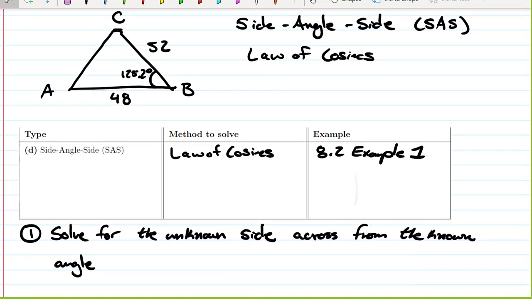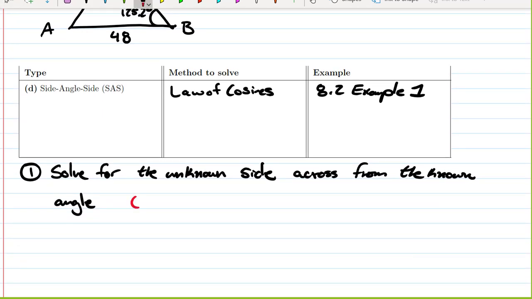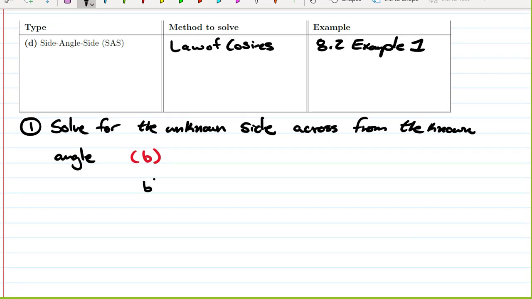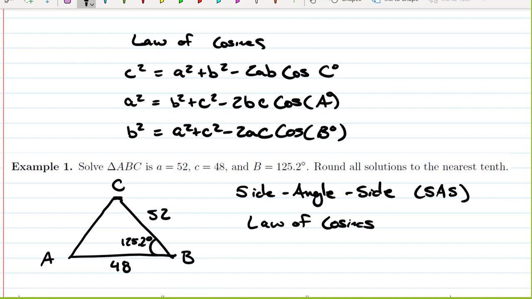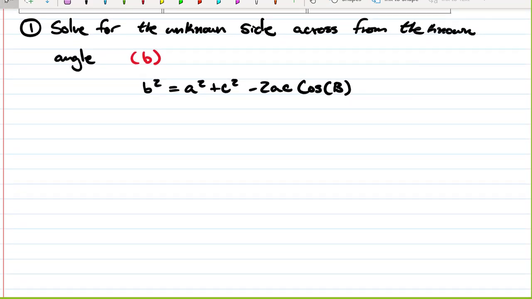So our unknown side, in this case that we want to solve for, is side b. So we're going to use the law of cosines, which is b squared is equal to a squared plus c squared minus 2ac times the cosine of B. So we're using it in its form that we had right here. Since we wanted the unknown side b, we selected this version of the law of cosines.